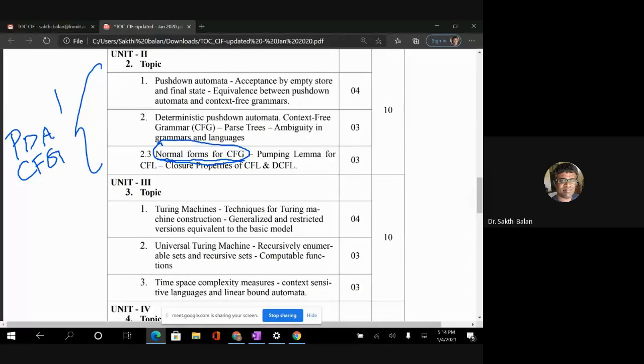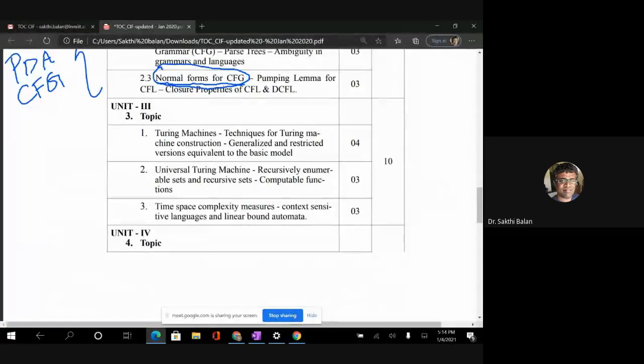And then we will be looking at the third chapter. We will be looking at the Turing machines, which is a complete abstract machine for any computer. So if you think about a computer, and if you want to have an equivalent abstract machine for that, then the Turing machine is the one which is equivalent to the computer that we know, right?